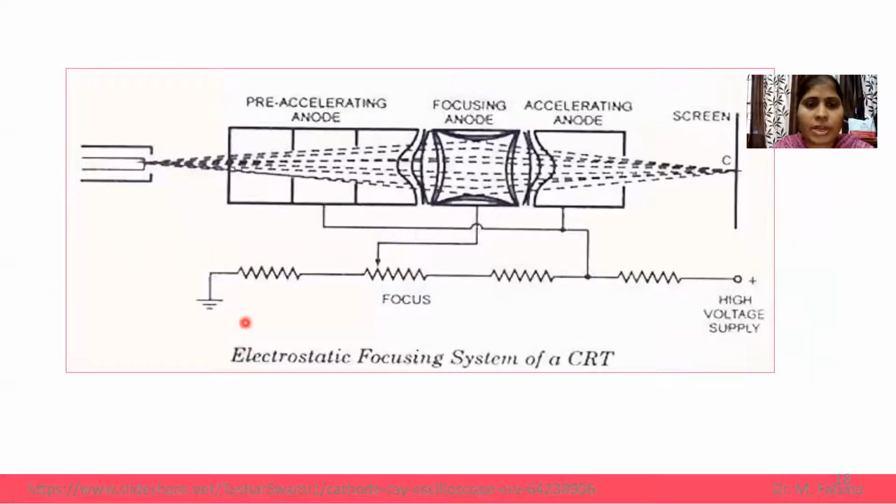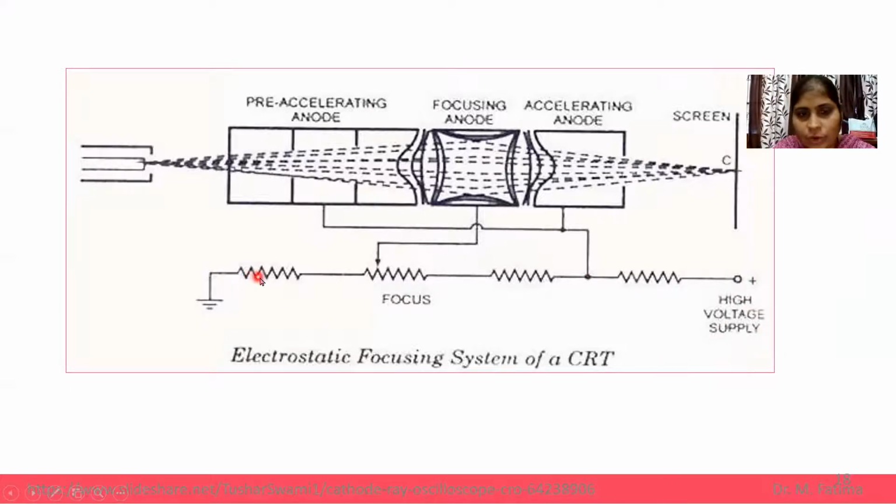Now next is the electrostatic focusing system of a CRT. Inside the cathode ray tube, the electrons are focused towards the center of the CRT. This is the cathode, this is the pre-accelerating anode, this is the focusing anode, this is the accelerating anode, and this is the screen. The pre-accelerating anode is connected to the potentiometer, so the high voltage supply is connected here.